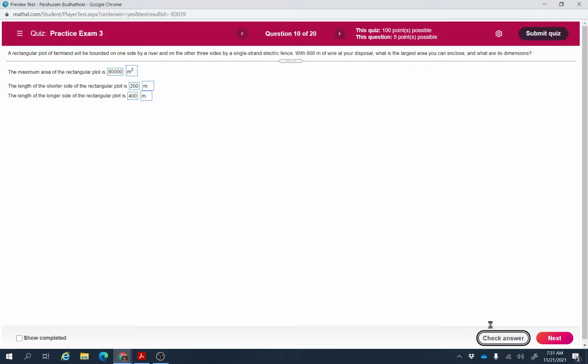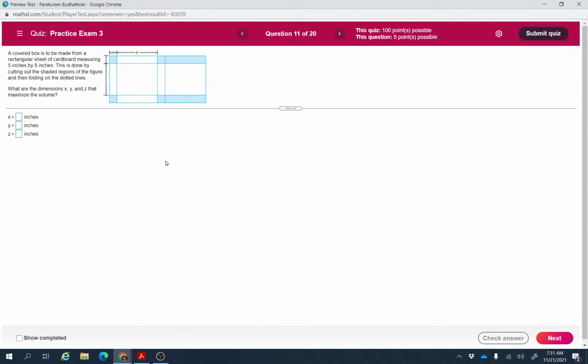Okay, this is to understand this problem. One way I understood the idea behind this problem is I took a piece of paper and cut these shaded pieces, and then if I fold it, it will give me a covered box.